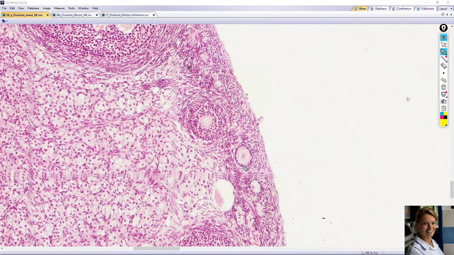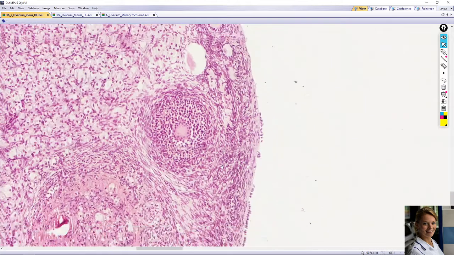Here you can see only one layer of cuboidal cells, and here are many layers of follicular cells, also called granulosa cells.